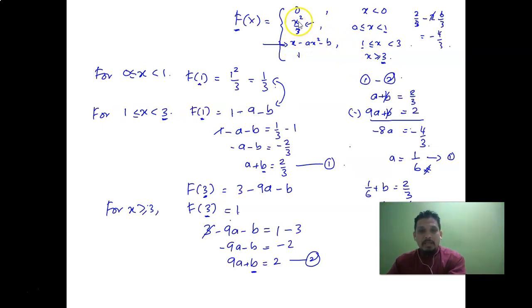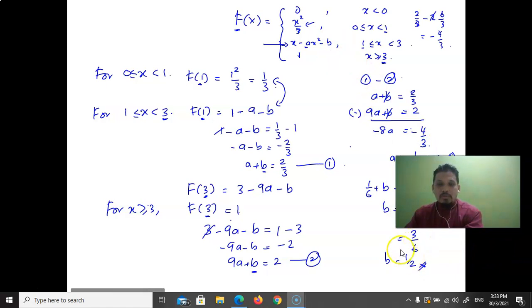So I write here again, f(x) equal to 0 for x less than 0, and then x squared over 3 for x between 0 and 1, and then x squared minus ax, where a we just found is 1 over 6, and b is 1 over 2.